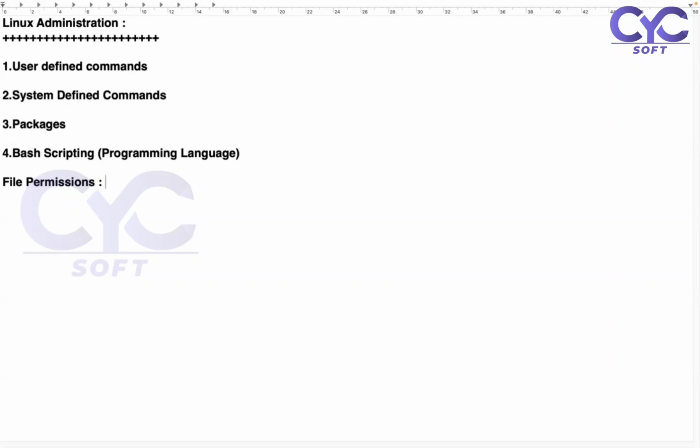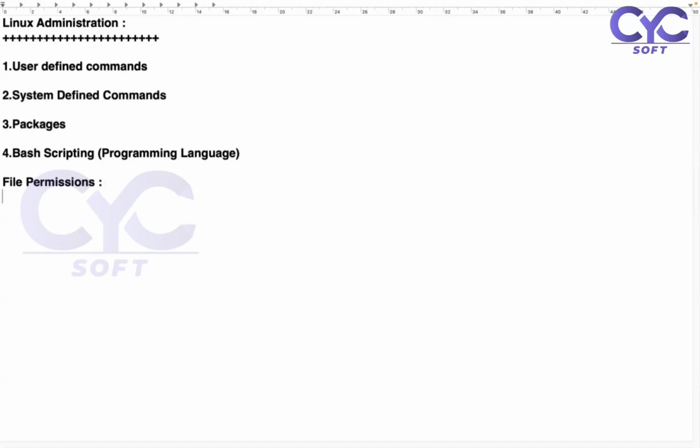File permissions are very important for Linux administration as well as any deployment. Manually, we represent the file permissions under user-defined commands.